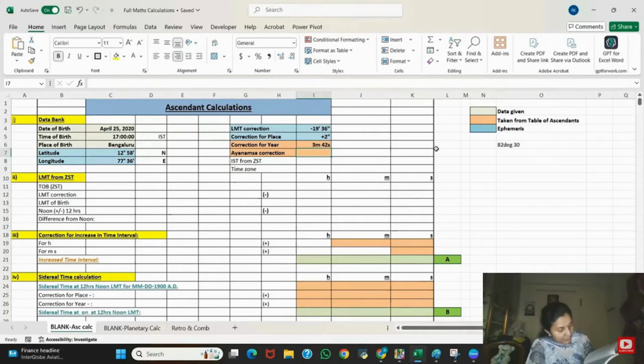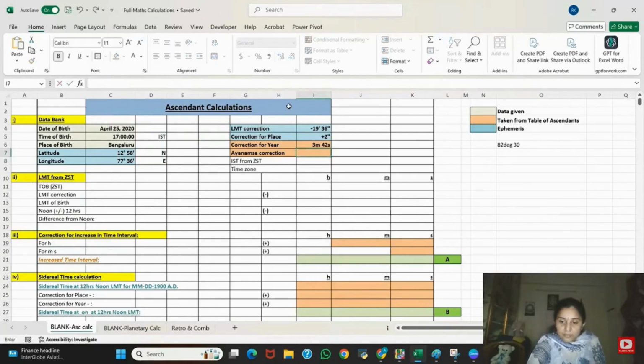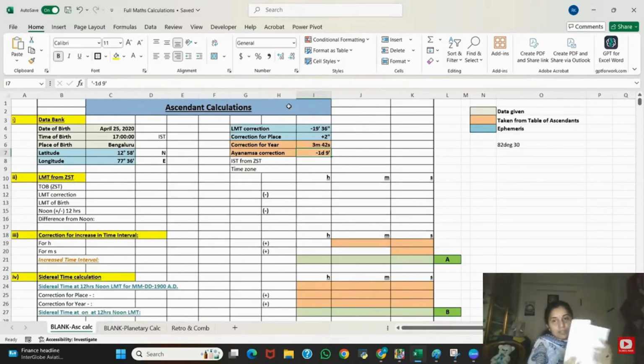For 2020 it is 1 minute and 9 seconds. So it is minus, I have to put minus 1 degree and 9 minutes, because usually Ayanamsha correction will be in degrees and minutes. So Ayanamsha correction is 1 degree 9 minutes. So if we take it for the year 2020, these are the details which we have now loaded here.